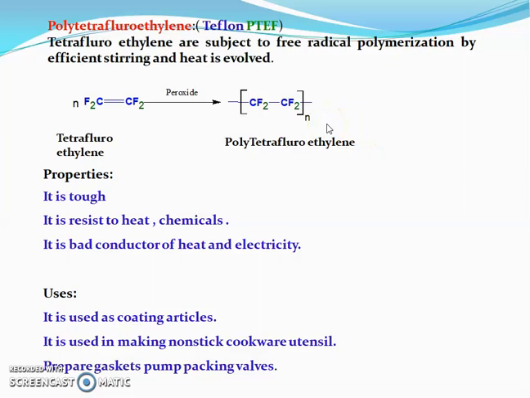Now we will discuss some properties of this polymer. Teflon is a tough material, and therefore it is known as an engineering plastic. It resists heat and chemicals, and is a bad conductor of heat and electricity. Because of these properties, it can be used as a coating.